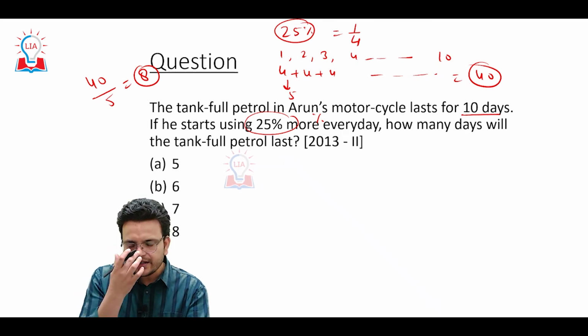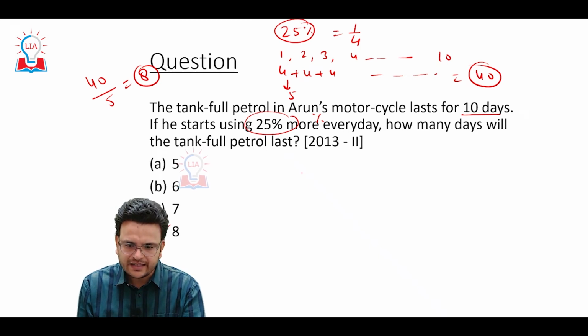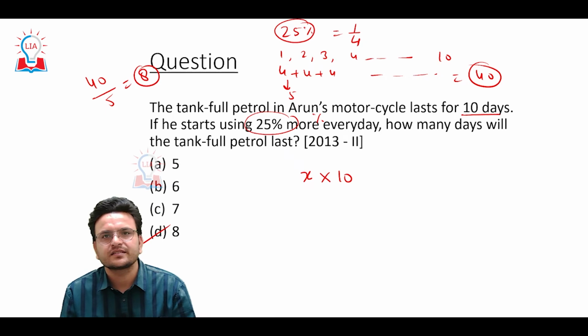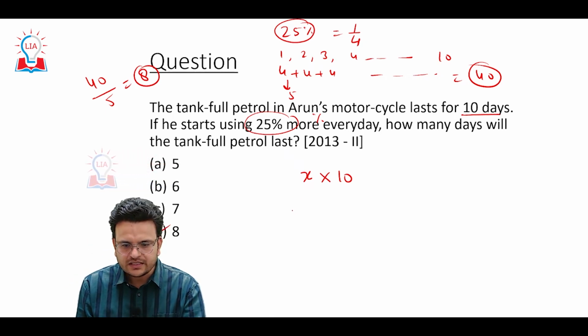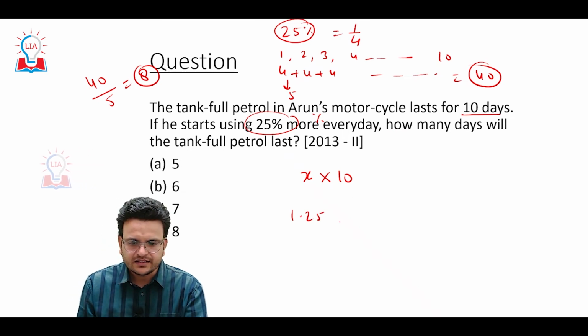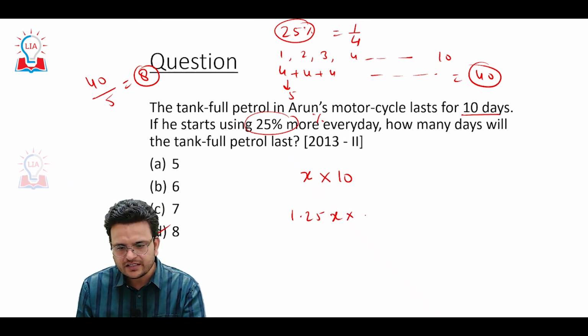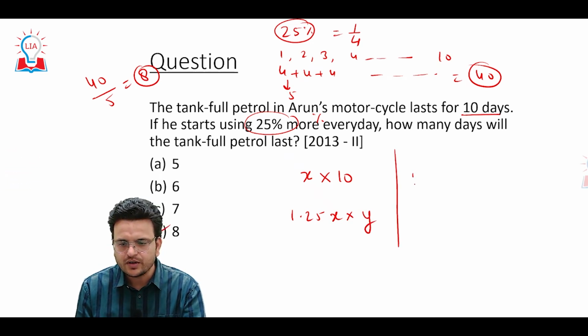Or, second way, you can say that every day he is using x liters, so in 10 days it is 10x. This much quantity. Now this consumption has increased by 25%, and it lasts for y days. In this way also both the equations are equal: 10x equals 125x into y.